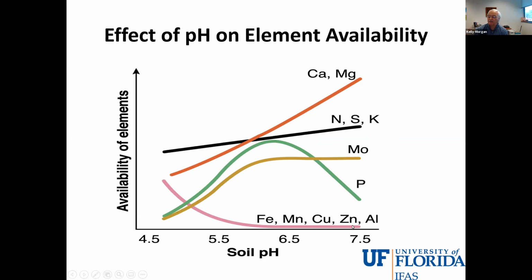But these micronutrients, that's where one of the problems is with pH, and why you need to be aware of the pH of your soil. Phosphorus, as we've illustrated, has an acceptable range somewhere in the 5.5 to 7 range, and is less available at the extremes.